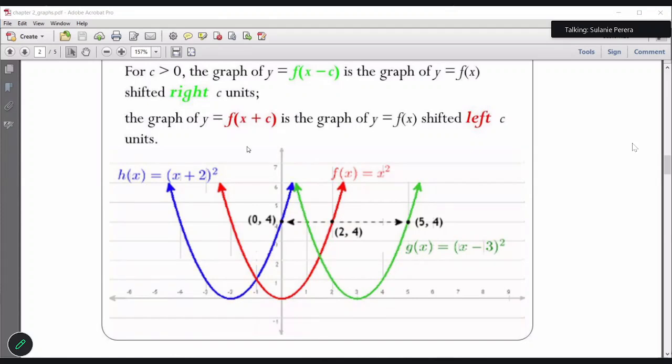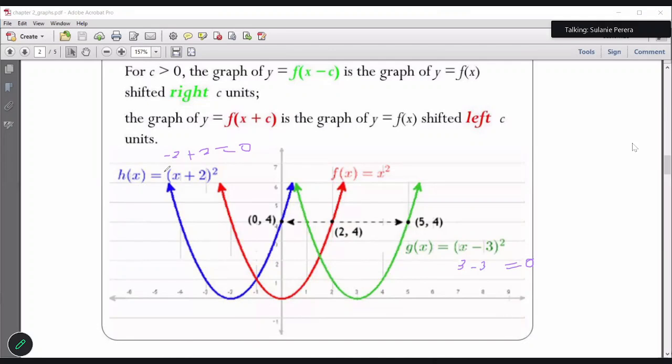Because if we plug in minus 2 here, minus 2 plus 2 equals 0. So the vertex will move 2 units to the left. But if you have y equals x minus 3 all squared, then you move 3 units to the right, towards the positive side. Because here again you will have 3 minus 3 is 0.